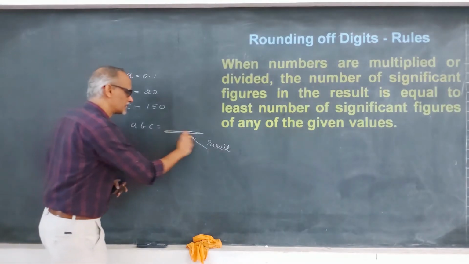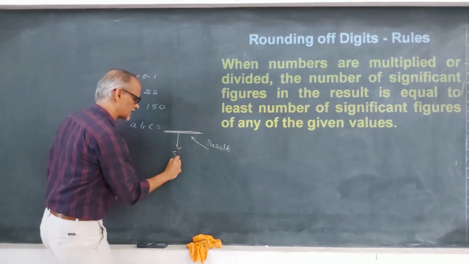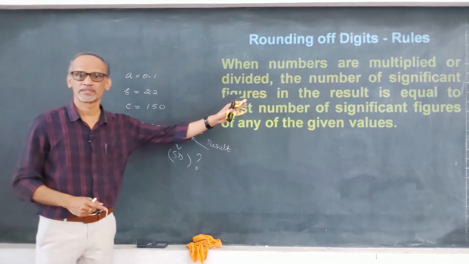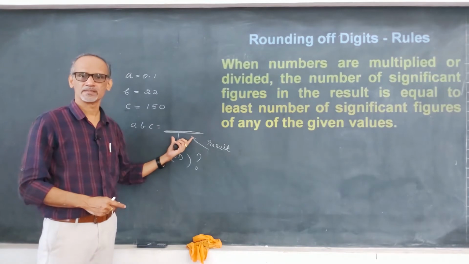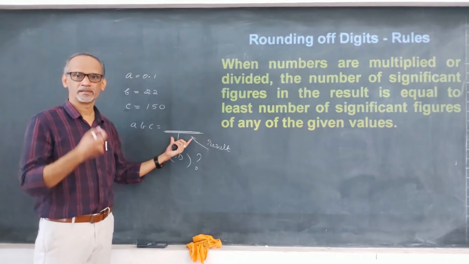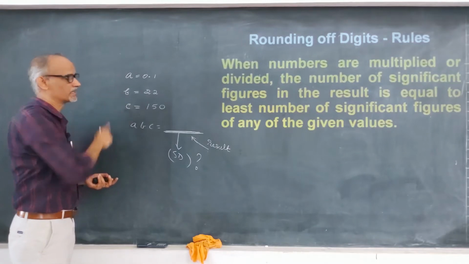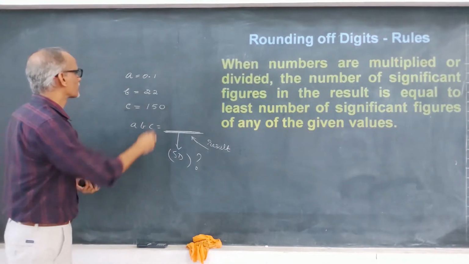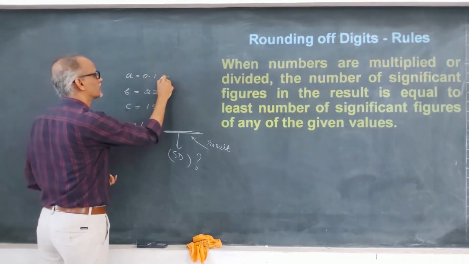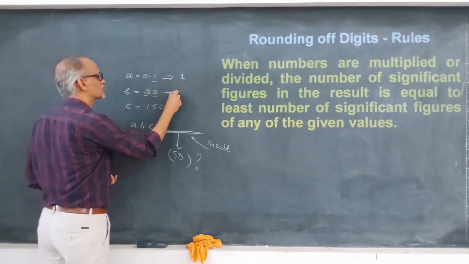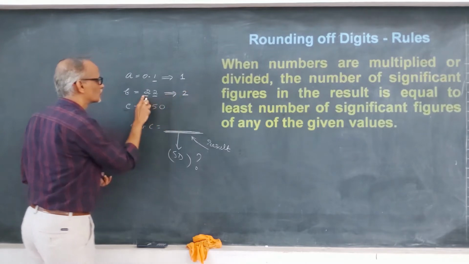In this result, how many significant digits do I have to maintain? That is what the rule says. In the final answer, you have to maintain the least number of significant digits in any of the given values. Let us check. How many significant digits are here? There is only 1. How many significant digits are here? 2.